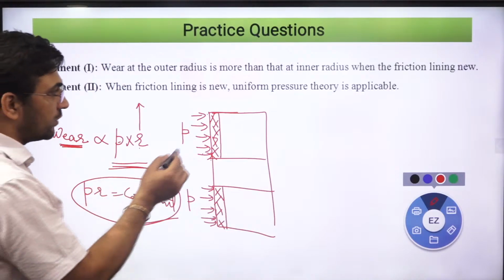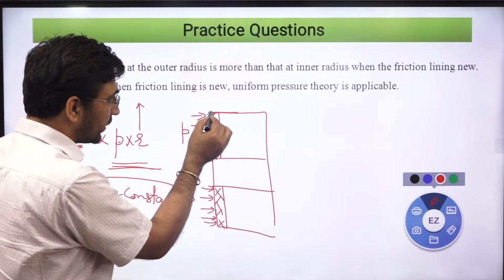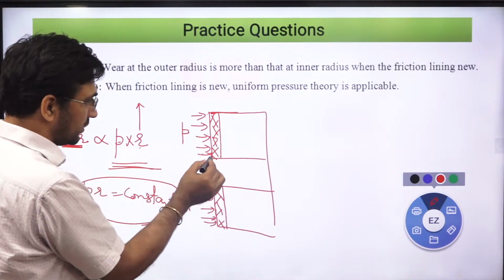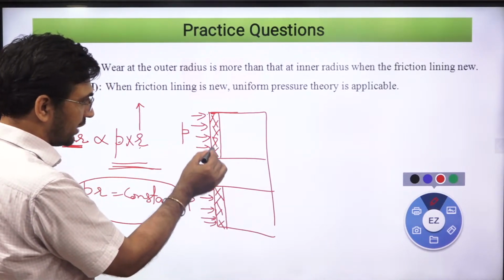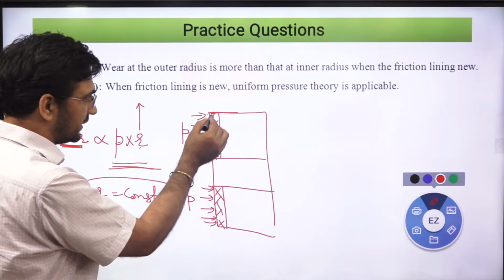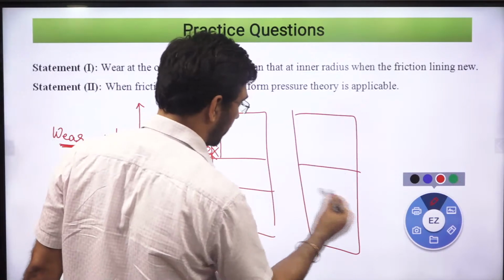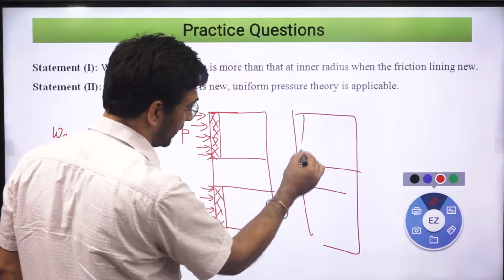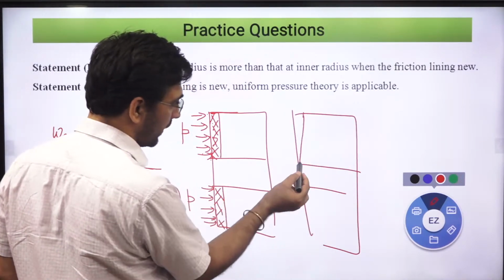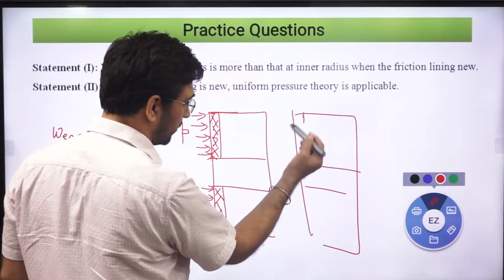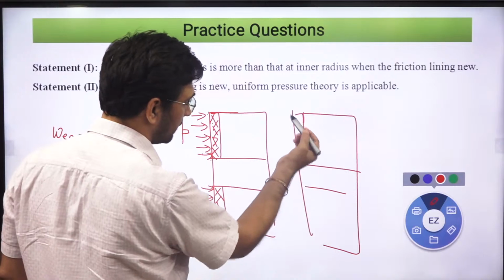So initially the largest wear will take place over here, and since it is linearly varying, smallest over here, as R goes on increasing, wear will increase. So initially the wear will take place this way. This is highly enlarged, keep it in mind, because the radius is very small. Over here also it is going to be the same, something this way.